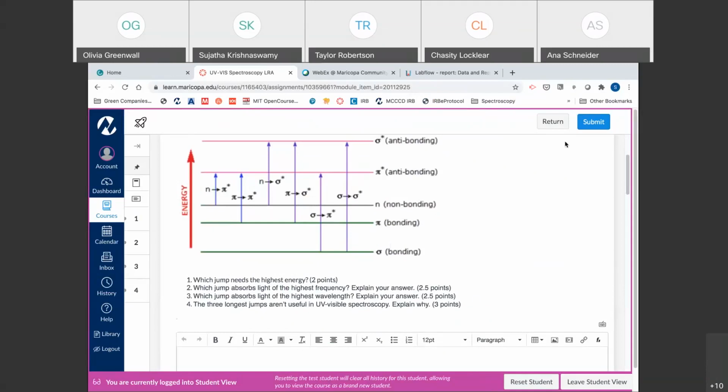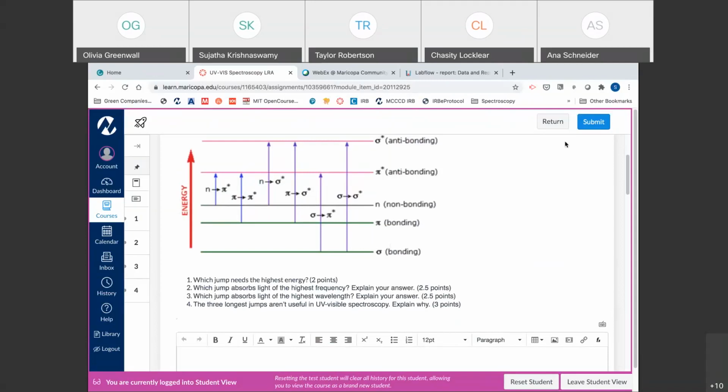And then the three longest jumps are not going to be useful in UV-Vis spectroscopy. You should know how to explain that. If the energy difference for the jump does not match any of the wavelengths in the ultraviolet-visible region, then it cannot be studied by that spectroscopic tool.